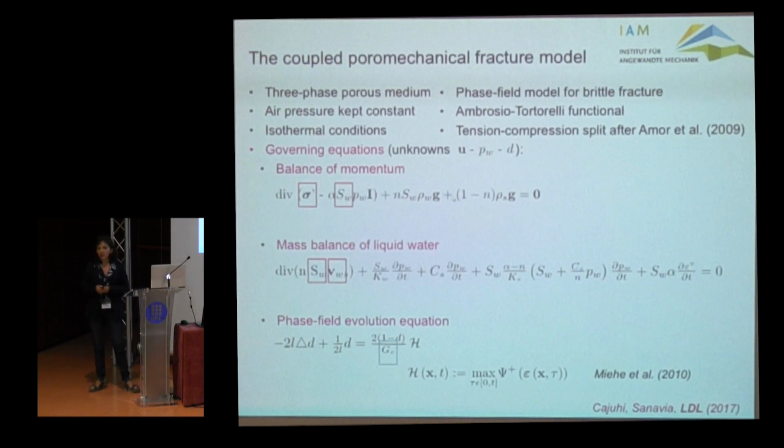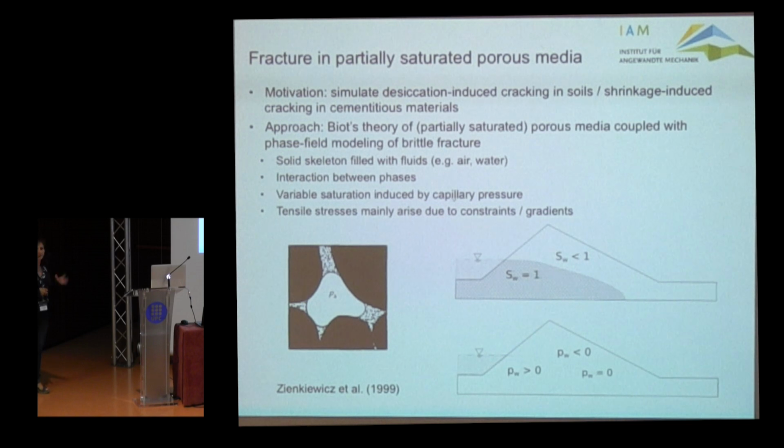So in Biot's theory, basically we have 2 unknowns, the displacement field and the fluid pressure in the pores of the solid. In our version of Biot's theory, we have the solid skeleton, but you can also have a gas phase. To simplify things, we took the pressure of the air equal to 0, so we eliminated it as an unknown.